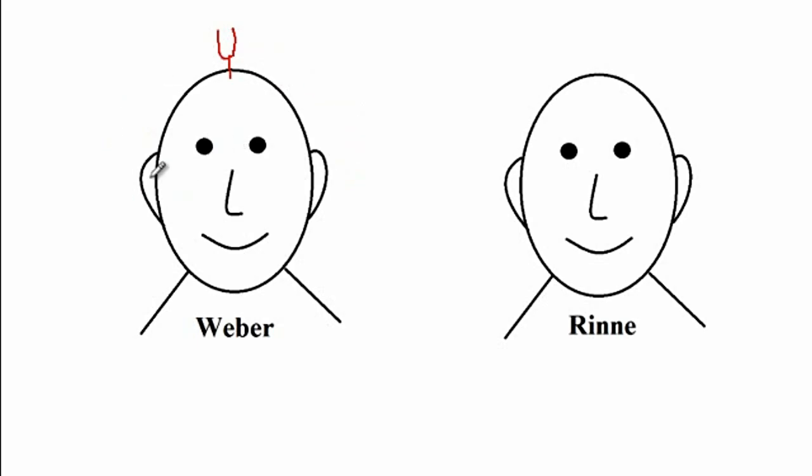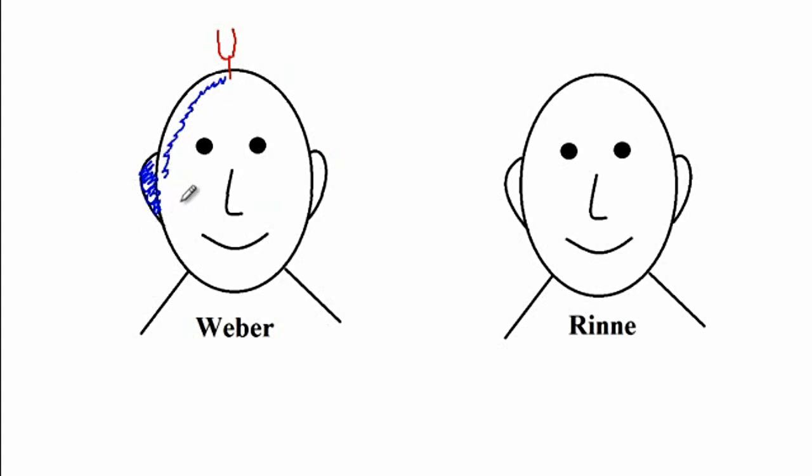On the other hand, if there is a sensorineural hearing loss, let's say in the right ear in this patient, then the sounds would go to the other ear, and thus the patient will localize the sound to the left ear. Now, if the patient has conductive hearing loss, the sounds will travel better through the bone, and thus the patient will localize the sound to the right ear.